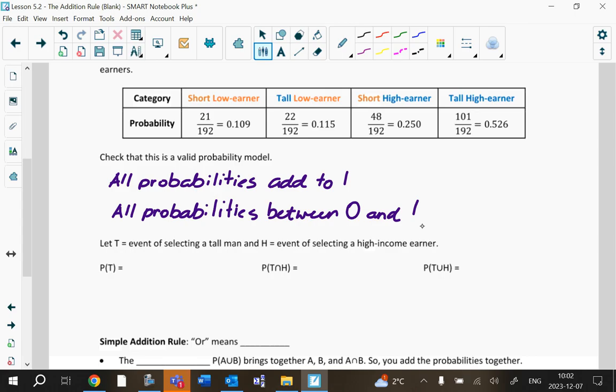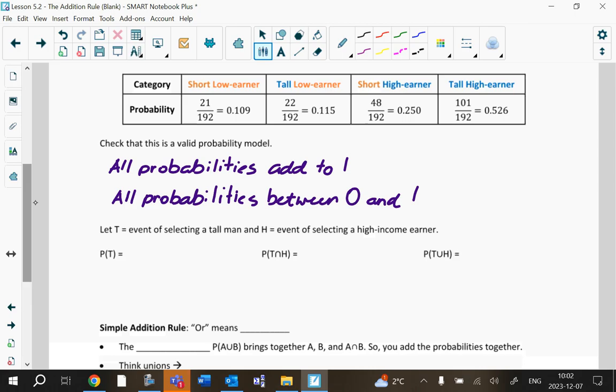So yesterday we did a question like the first one, where we were given a table and we were asked to find, in this case, what's the probability that if you assigned each of these guys a number and put them all in a hat, you would select someone who's tall?